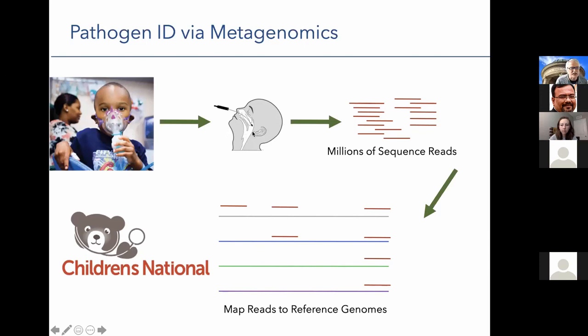So we swab these kids' noses and we sequence their snot, right? We're literally sequencing the kid's snot. In this case, we're doing RNA-seq, because we're interested in expression as well. So we can do metagenomics, we can do metatranscriptomics. And here we're interested specifically in identifying pathogens and immune response to that pathogen or those pathogens.